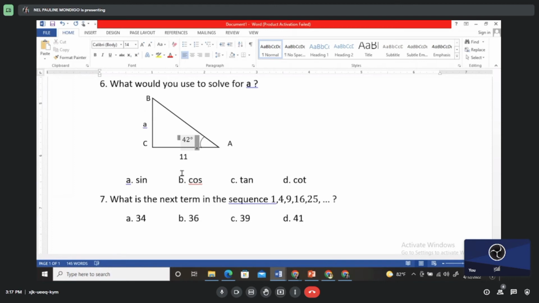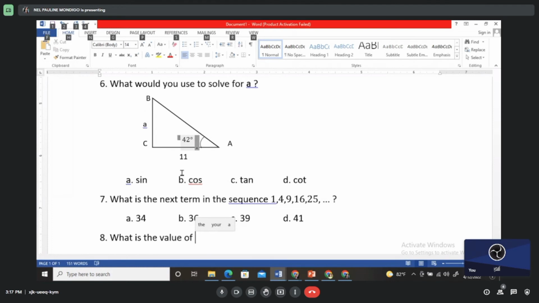So that's for item number 7 about sequences and series. And item number 8 is all about permutation.